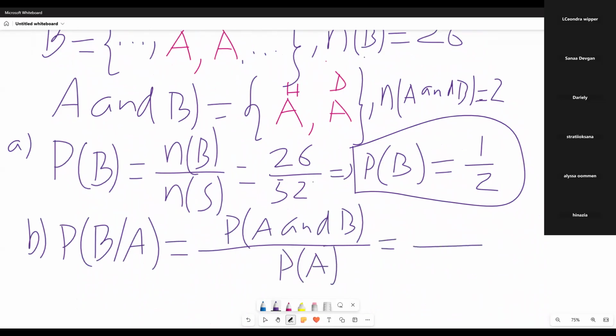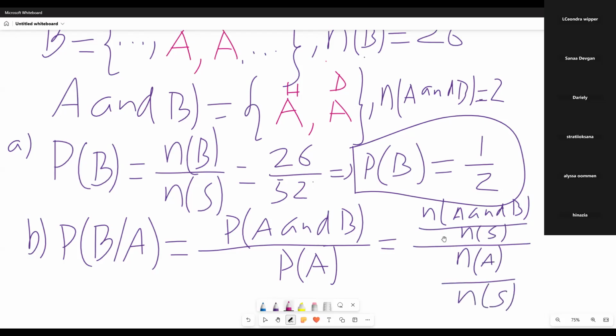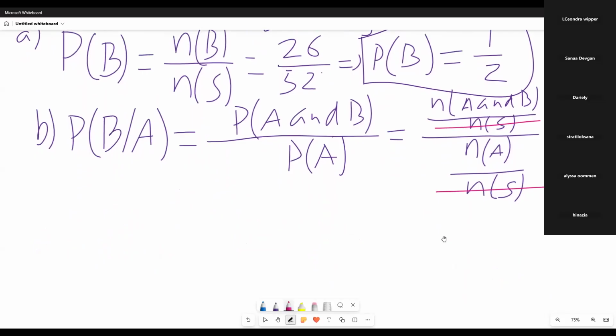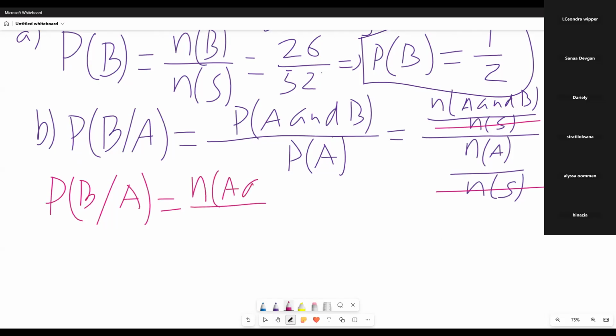Now, P of A and B will be N of A and B over N of S. P of A will be N of A over N of S. So here you can get rid of N of S. So P of B given A would be N of A and B over N of A. N of A and B, we found that before, it was 2.